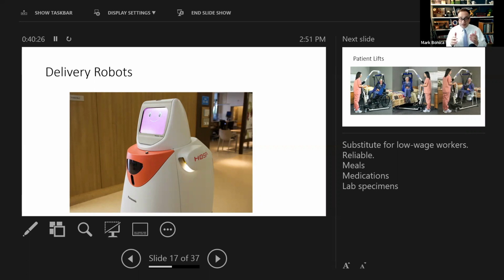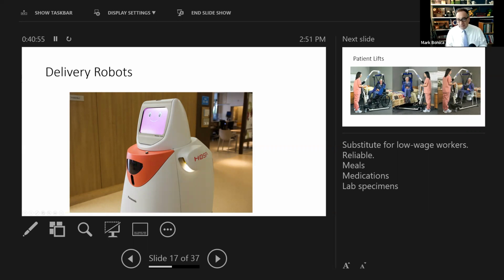We can substitute. I think I talked about this last time. A lot of economic progress is the substitution of capital, meaning machinery, for labor, meaning human beings. And so what it does is it frees up human beings to do other higher value added things. This robot never gets sick. It does break sometimes, but it never gets sick, doesn't get grumpy, right? Doesn't have a bad day, doesn't break up with its boyfriend or its girlfriend and call out, right?